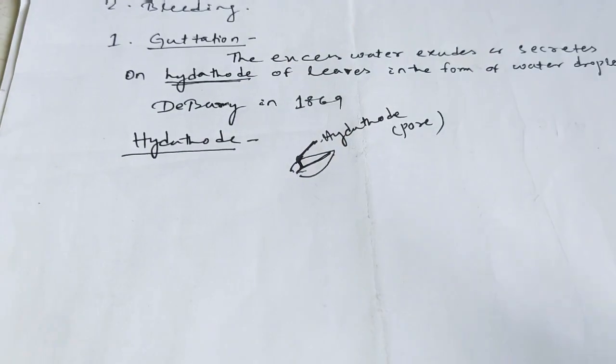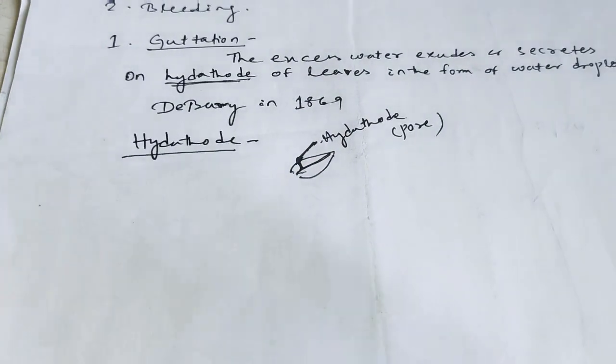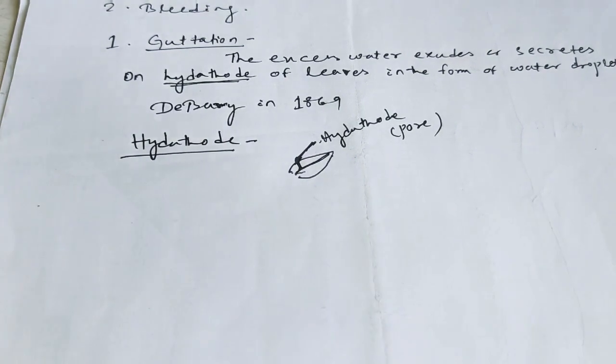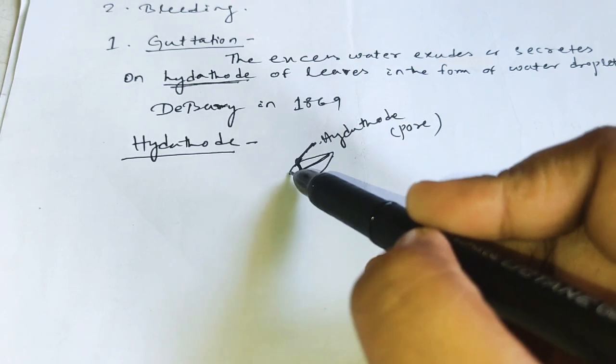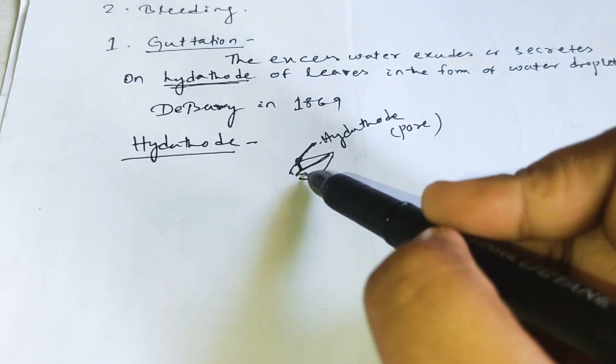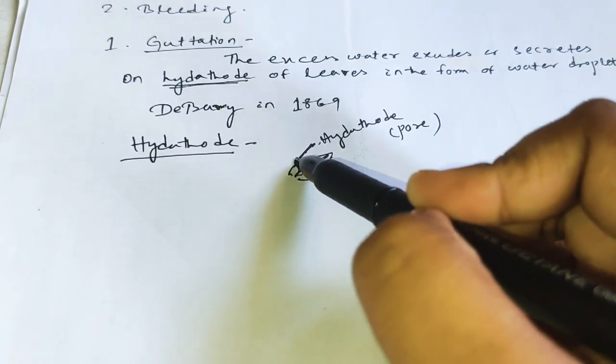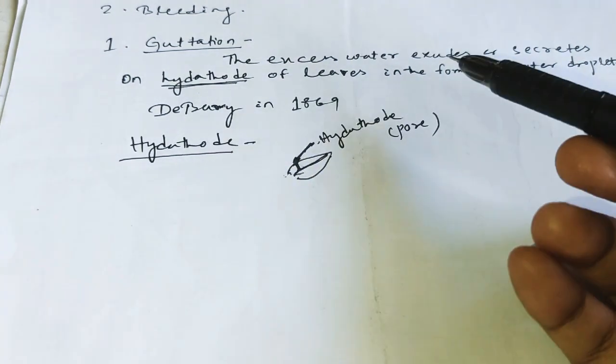Is it clear up to this? You can also say hydatoids are special pores particularly present on the leaf margin which exude or secrete drops of water.